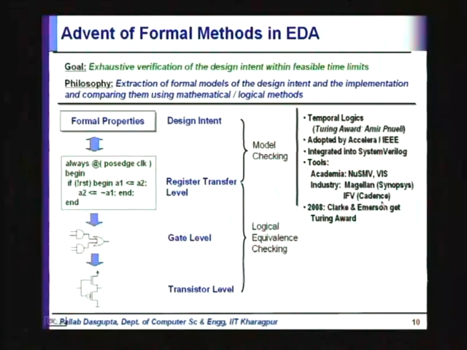These are very powerful formal verification tools. And this year Clarke, Emerson and Sifakis, I missed the third name, got the Turing Award for their contributions on model checking, or the formal methods for checking the correctness of properties on the implementation.